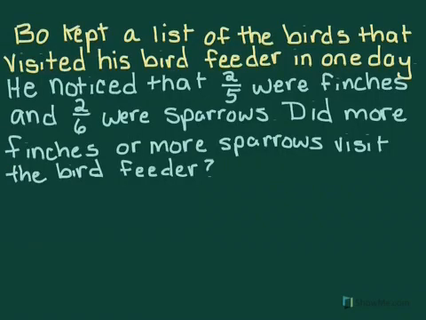Let's take a look at a word problem. Bo kept a list of the birds that visited his bird feeder in one day. He noticed that 2/5 were finches and 2/6 were sparrows.